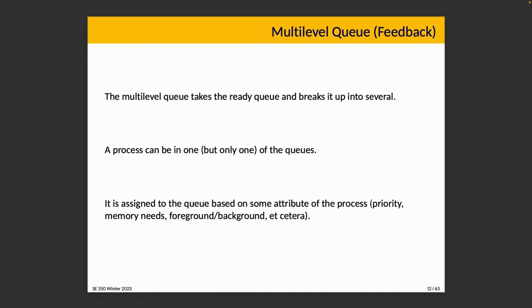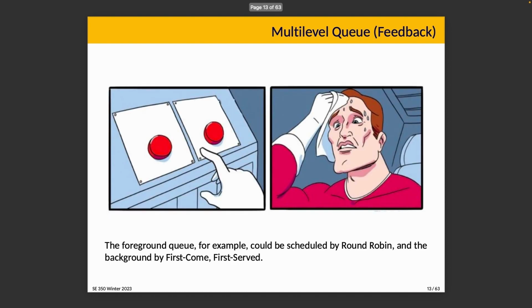Is it a foreground task, i.e. one that's user interactive in the UI or the command line, or is it some sort of background service? All those things can be used to make a determination about what kind of process it is and according to what queue it's going to go into. And that should be relatively easy to implement.